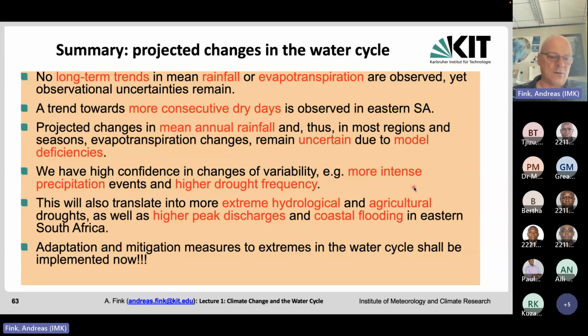And my message here is, we do see the changes in your region already. So we need to implement them ideally now or in the very near future and not at the end of the century. Yes, so actually, that is my last slide.